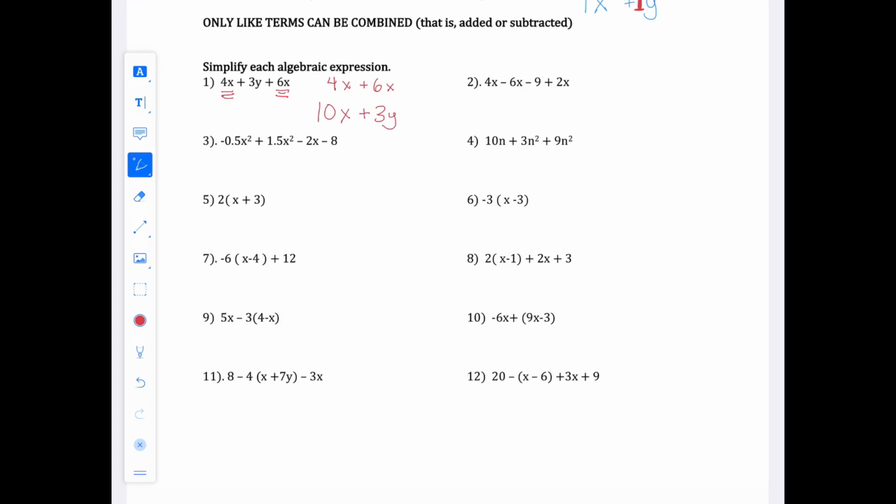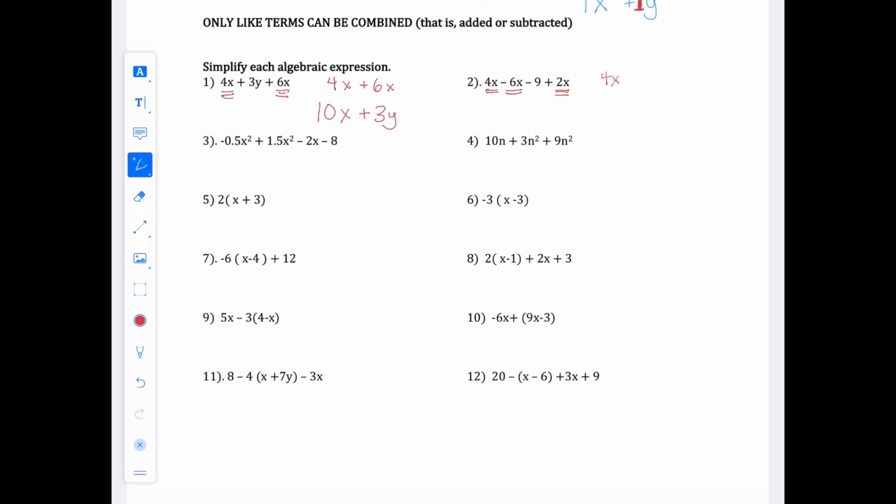So let's look at question 2. We'll do a few of these, and then I'm just going to show you the worked out solutions for the remaining ones. If I look at problem 2 and I'm identifying the like terms, I see a 4x. I also see a minus 6x. The 9 does not have an x attached to it, so that's not a like term. And then I have the 2x.